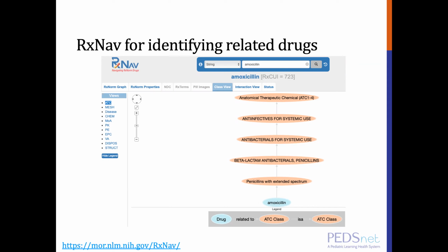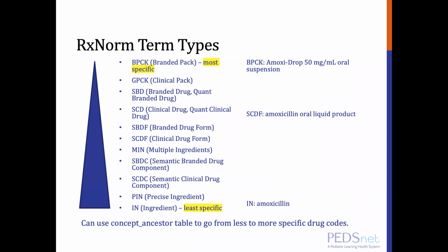Sometimes what you may need to do is go to one of these classes, see all the antibiotics associated, and ask the investigator which of these antibiotics they would like you to pull codes for. By pulling codes, I mean that in RxNorm there are different term types.